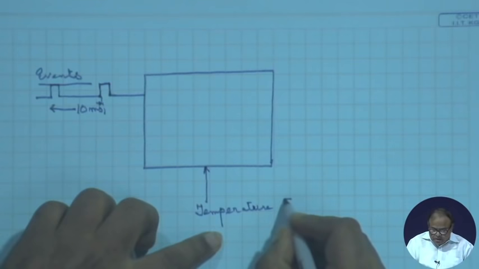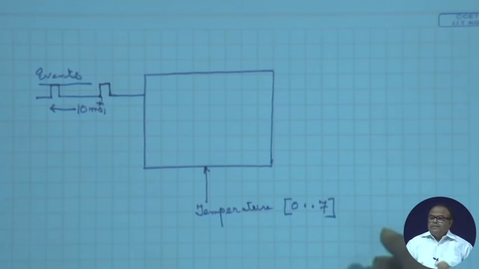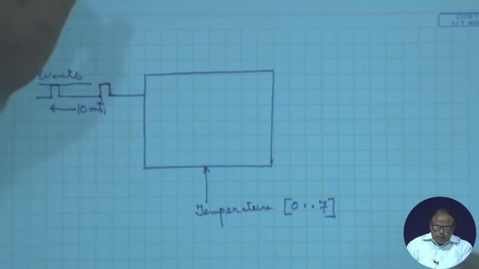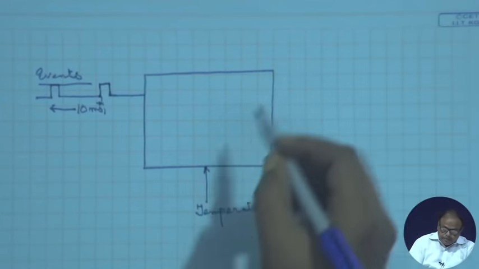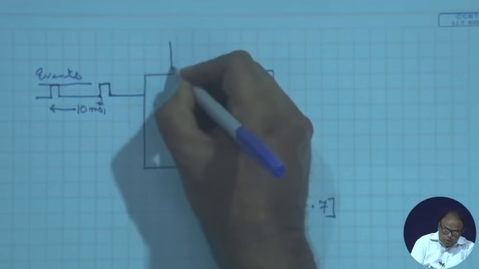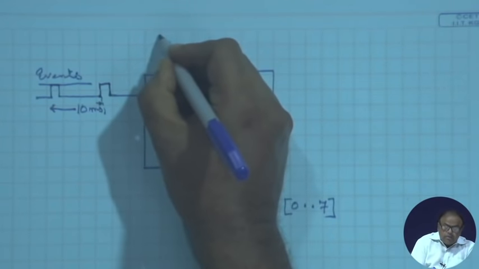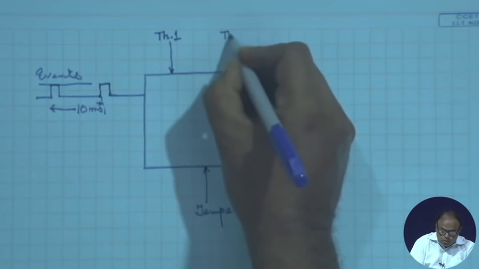Temperature comes as 8 bits. That is being read through some port. We will need some port, of course, that is a design issue, and two thresholds will be fed, threshold 1 and threshold 2.